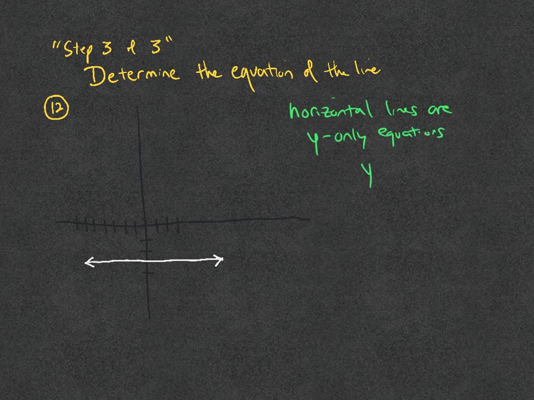So y equals something. We just have to count. So in this case, -1, -2, and this is going to be -3. So meaning there's no x, y only.